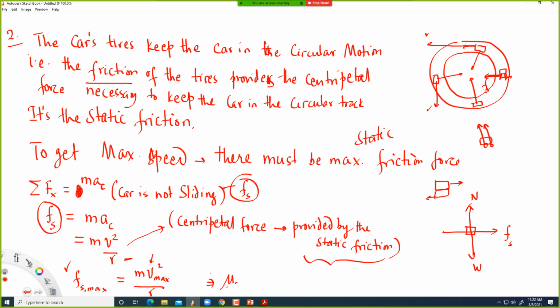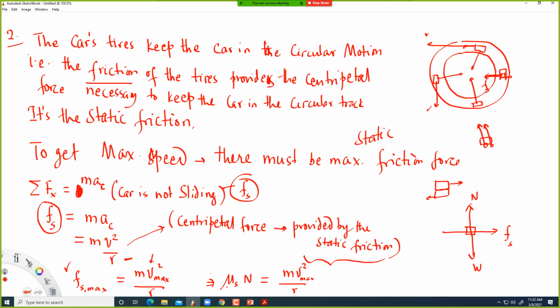Mu s times N, right? That's the formula for that. So mu s N equals m v squared over r. Now we don't know the normal force. Is there any way we can figure out normal force from the free body diagram? You should know that from previous numerical problems.